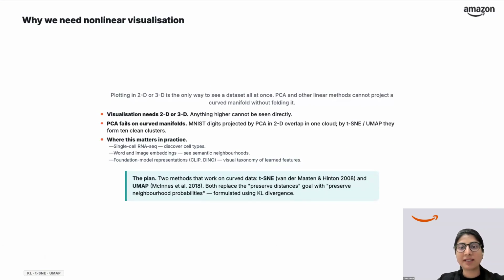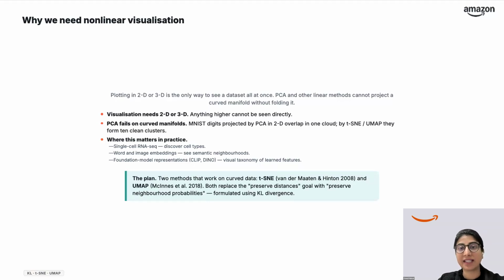Firstly, why do we need non-linear visualization? Plotting the data and seeing it helps in visualizing and understanding the data nuances. People visualize the CLIP or DINO image features, and analyzing and visualizing those features helps understand the embeddings of the model better.